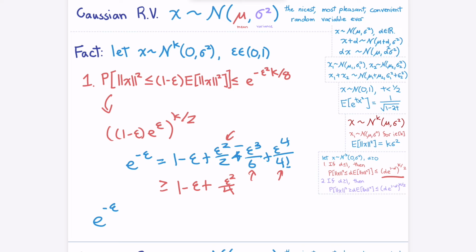Does it have to be greater than 1 half? I just want it to be greater than 1/2. I just wanted to choose the conservative value for small epsilon. Oh, we want that to be greater.